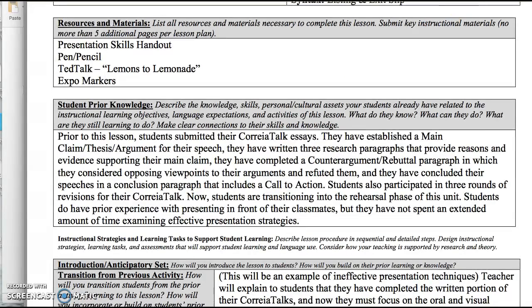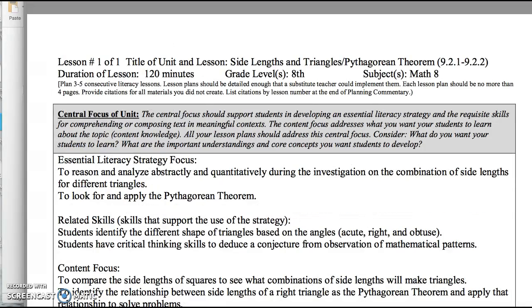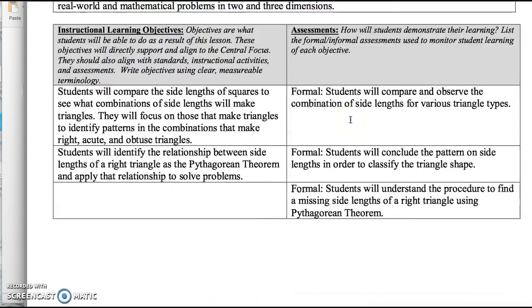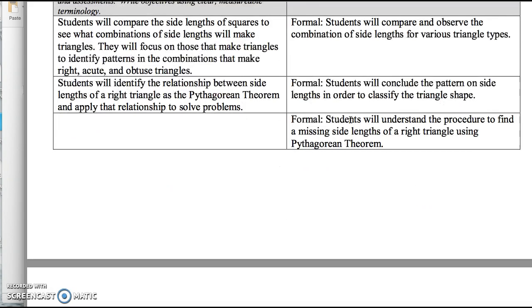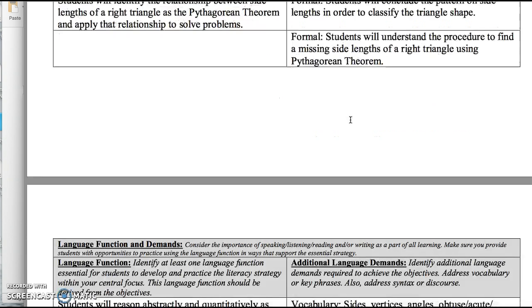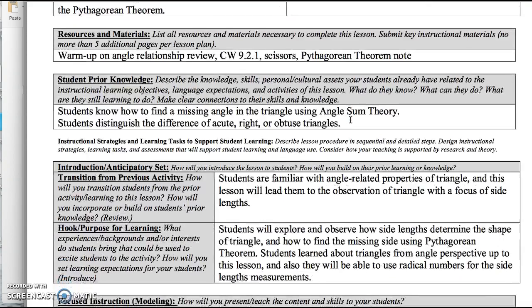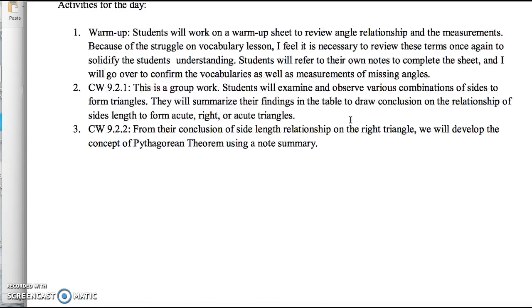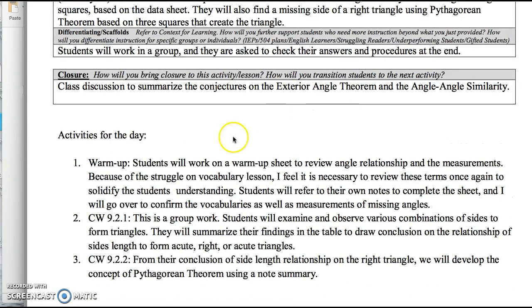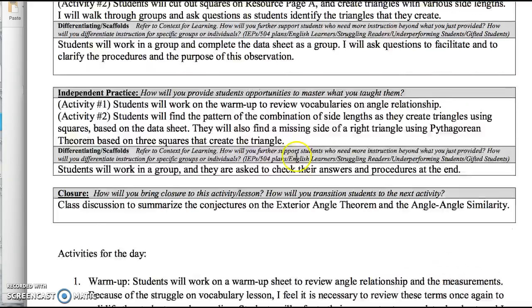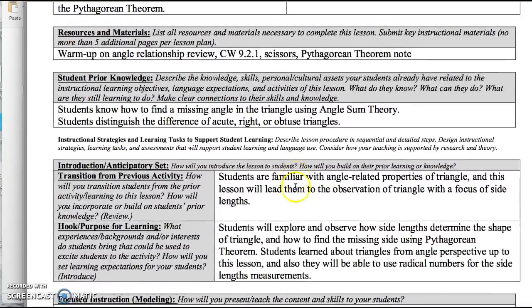In regards to another lesson plan that I really enjoyed, it was the math lesson plan, and I always look at it from a substitute perspective, and that is, can I walk into the class and fully understand what's going to be taking place that day? And so this lesson plan breaks it down really well. I like here at the end how she breaks it down in specifics, as well as up here.